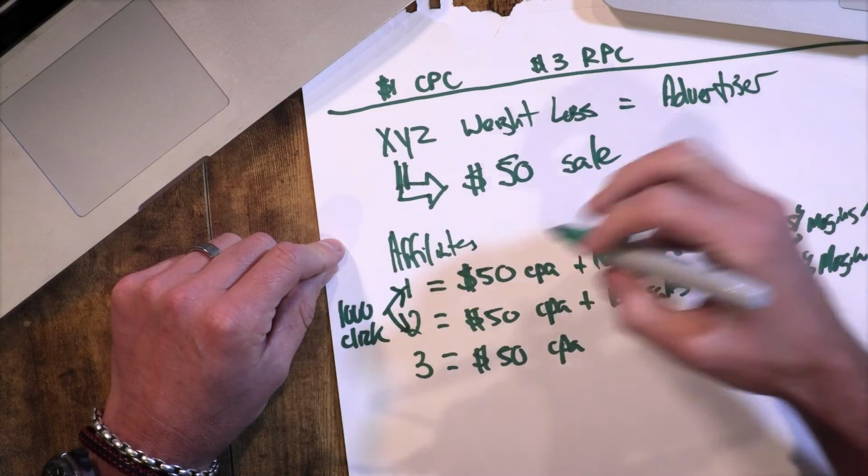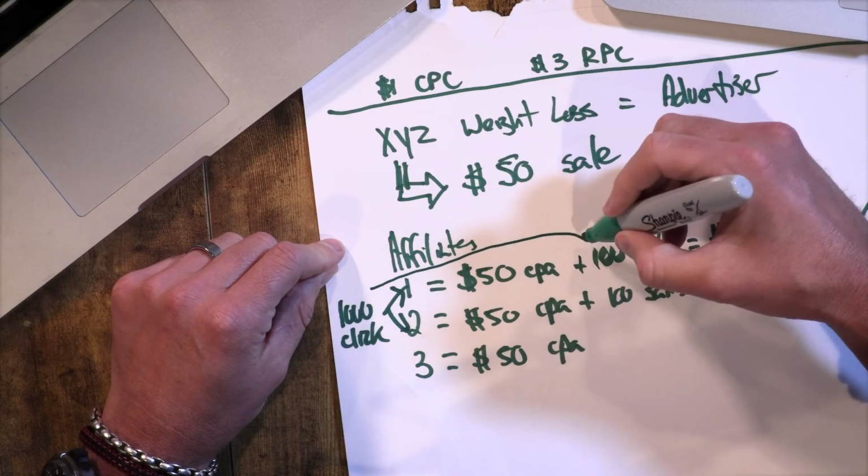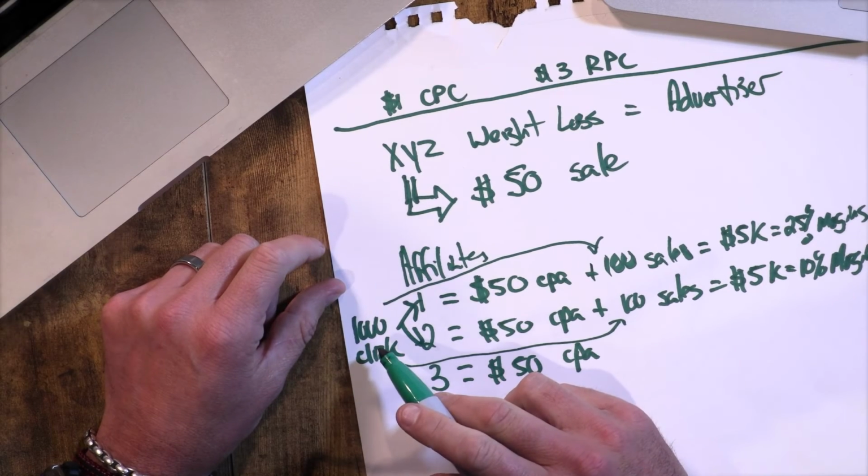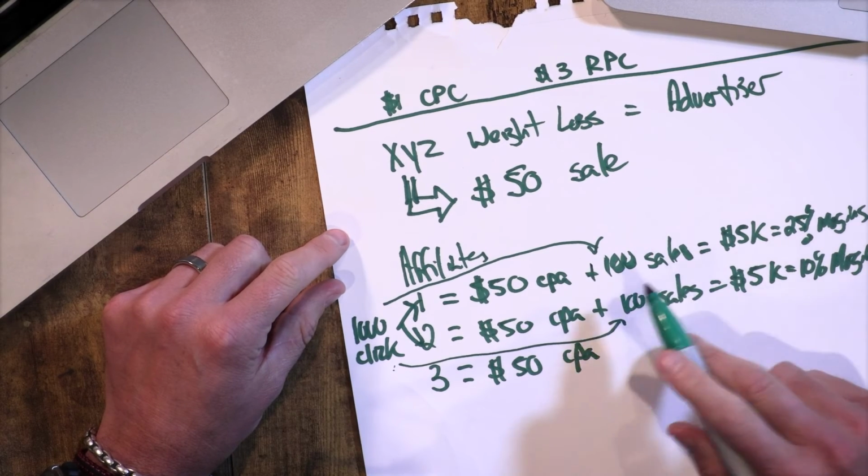So how many clicks did it take to get these sales? Now let's pretend it's the exact same conversion rate. So let's say that they both used 1,000 clicks to generate these 100 sales. That's a 10% conversion, which would be really good, by the way, on a mini buy for a $50 credit card on a cold click. So when you look at this, at 1,000 clicks, if this guy's working at 10% margins and this guy's working at 25% margins, what are they going to bid to make it work for them?